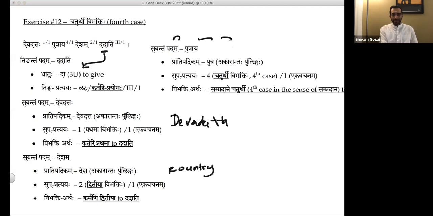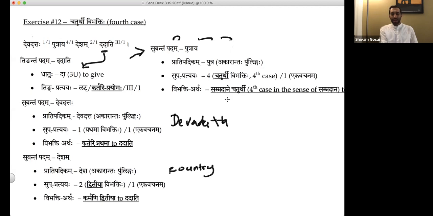Okay, now you'll see our next word, putraya. So here you notice how we went from verb, first case, then we go right to left. So putraya. Pratipadikam putra akarantaha punlingaha supratyaya. It looks like Ramaya, so chaturthi vibhakti ekavachanam. And it is the object of giving.